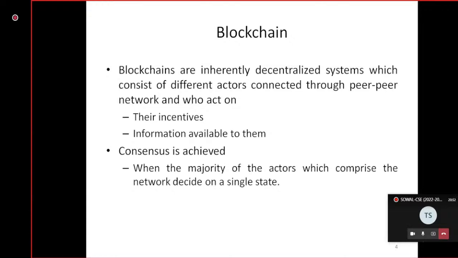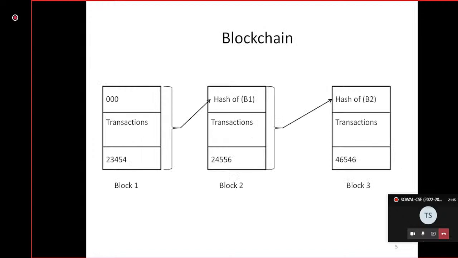They work only on the information they get, and for each transaction, consensus is calculated based on the majority, and we decide the complete state of the blockchain. So if you talk about the typical structure of the blockchain, it looks like this.